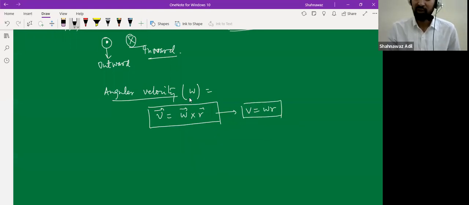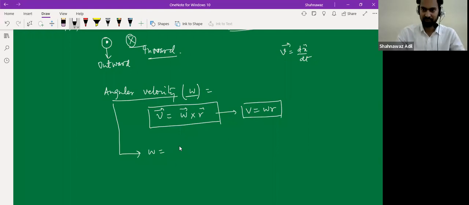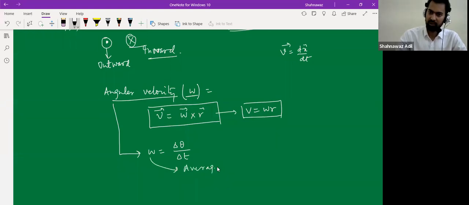So this angular velocity, just like your linear velocity, is displacement over time. Similarly, your angular velocity is delta theta by delta t, right? So this is the average angular velocity.